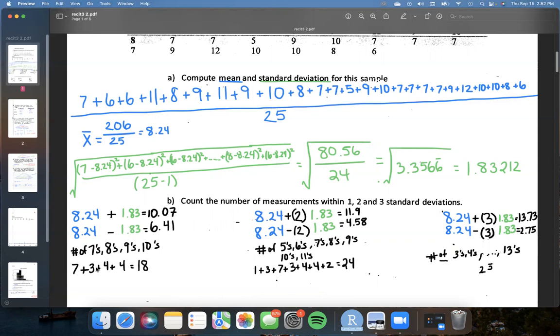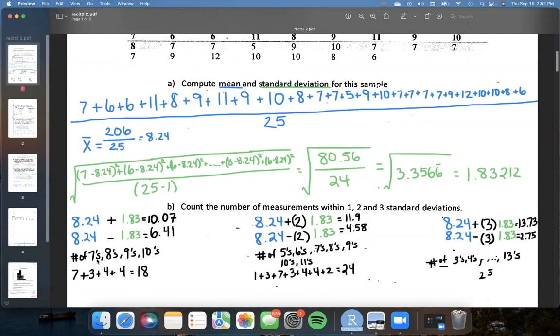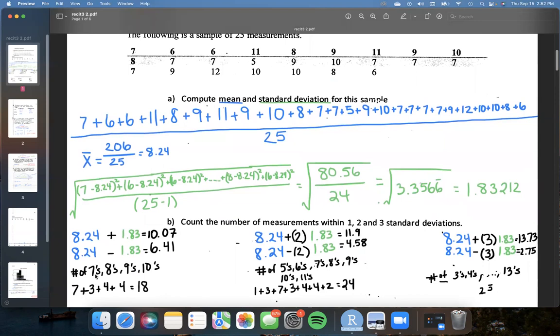What I did was I first went through and counted all of the 7s, then all of the 8s, all of the 9s, then all of the 10s, and I added all those together to get the number of measurements. If we count the number of 7s, that would be 1, and follow my mouse, 2, 3, 4, 5, 6, 7.